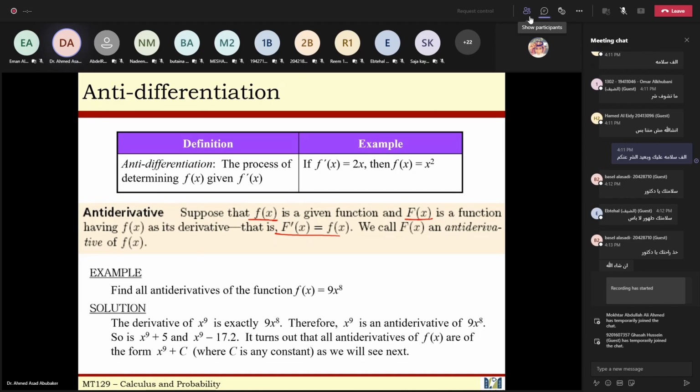So if we find the first derivative of F capital and this is equal to f small, so we can call F of x capital the antiderivative of f of x small. Okay, example about this.